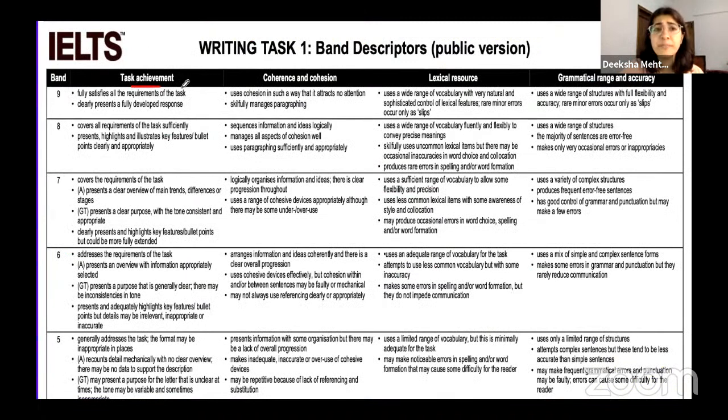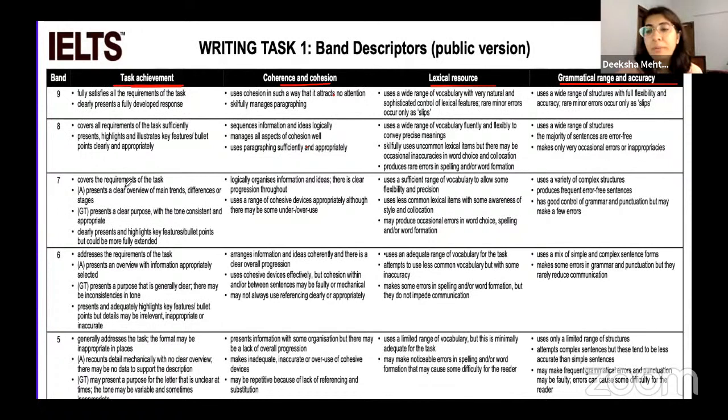First is task achievement, coherence, lexis, and grammatical range and accuracy, right? Now, let us look at what exactly these assessment criteria mean. If you look at task achievement, what does that mean? Or task response.